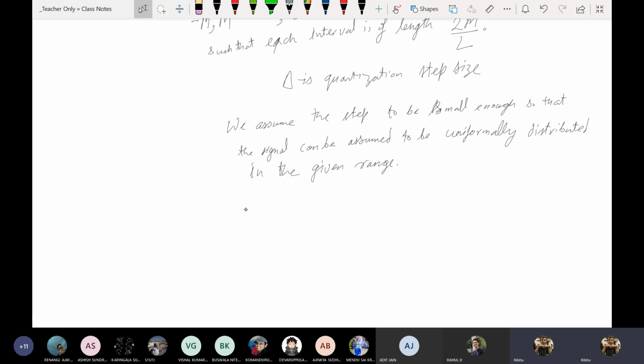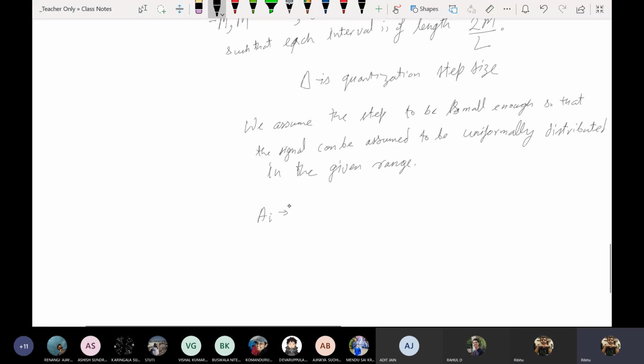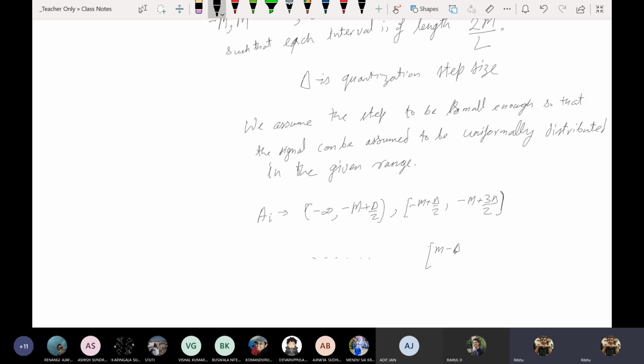So the intervals in this case are minus infinity to minus m plus delta by 2, then minus m plus delta by 2 to minus m plus 3 delta by 2, all the way up to m minus delta by 2 to infinity.